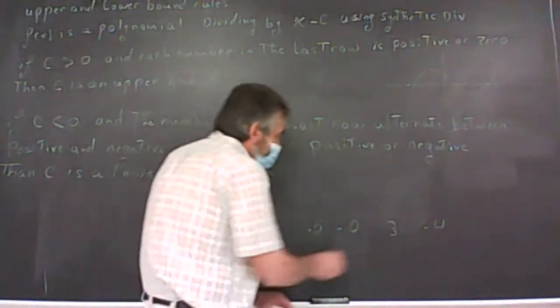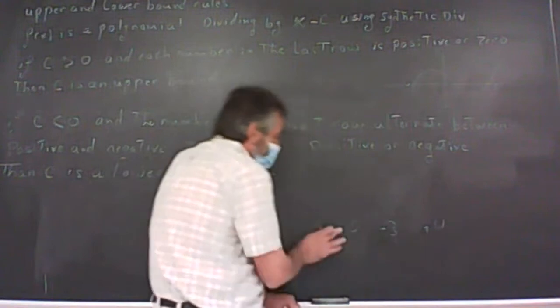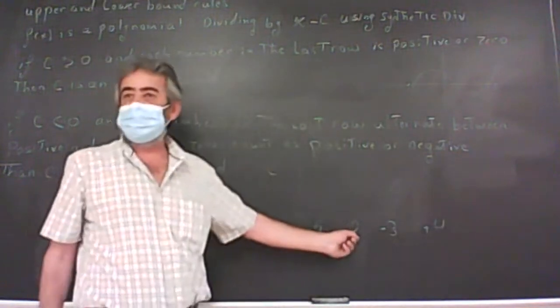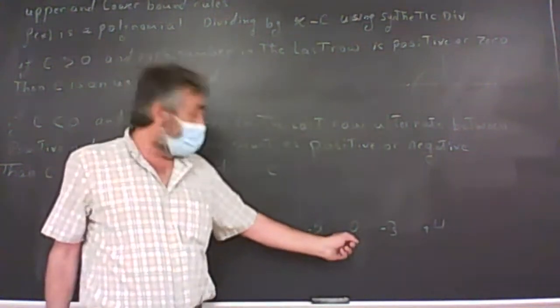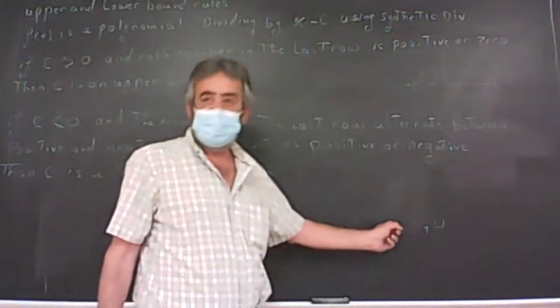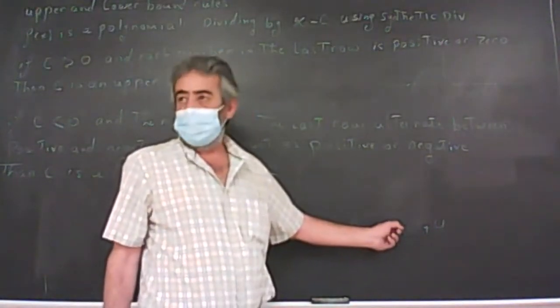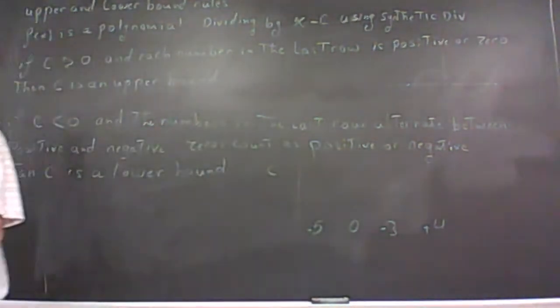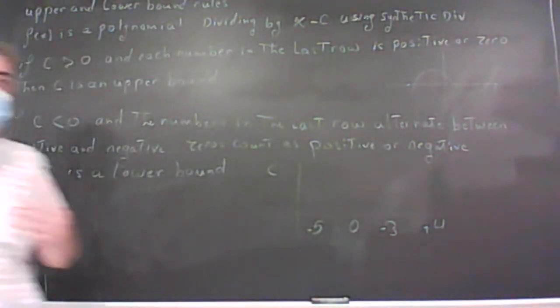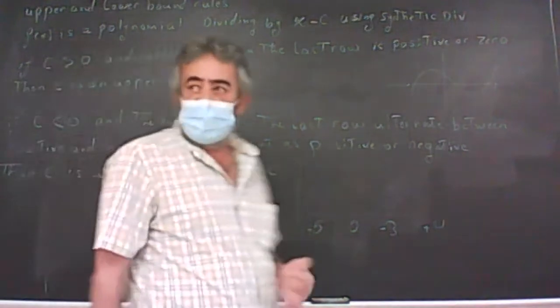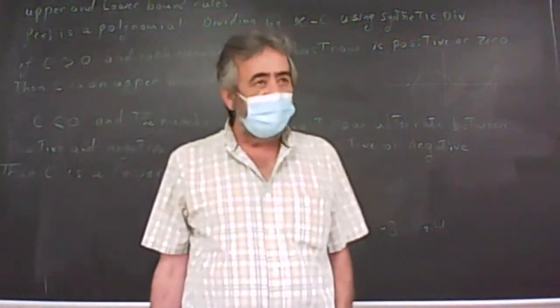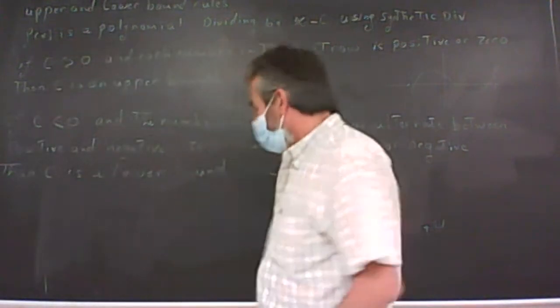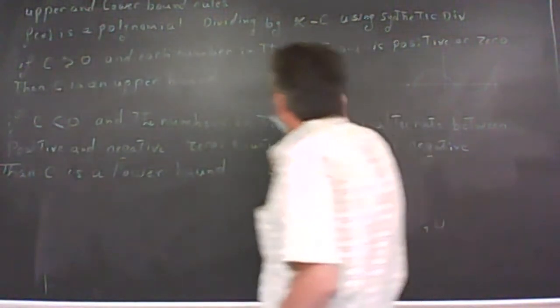If we have a negative here and a negative here, then 0 in this case would be counted as positive, just to give me the alternating sequence. Okay? So 0 will take a place, and that place would be either positive or negative as needed. Okay? Let's do an example.